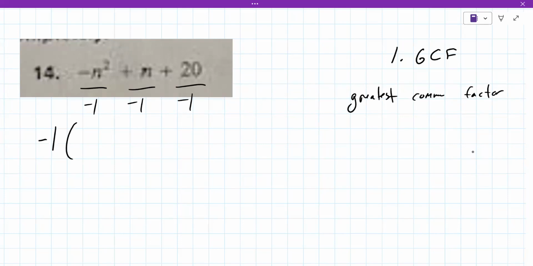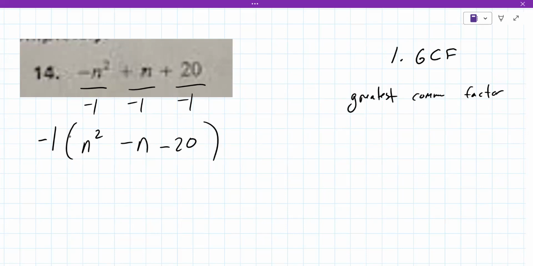So this becomes, and the way I'm showing it here is whatever the GCF is, you can divide each of these by the GCF. So it becomes n squared minus n minus 20, like that. Does this at all look familiar? Not really. Okay. Well, just go with it for the moment.